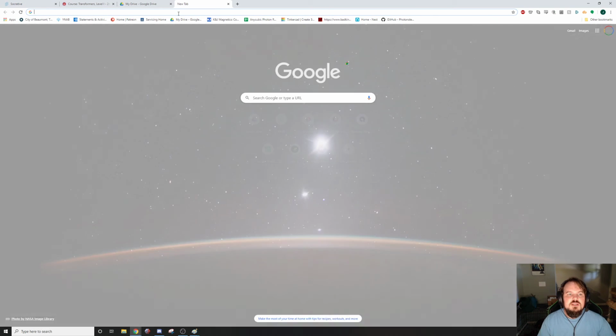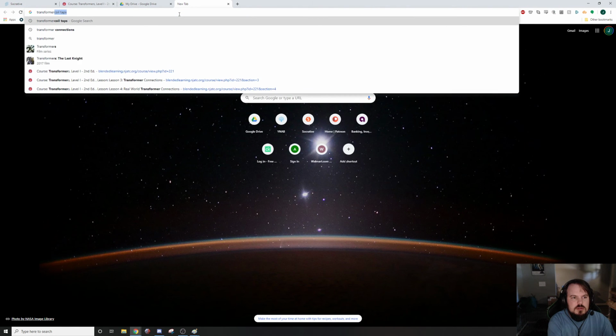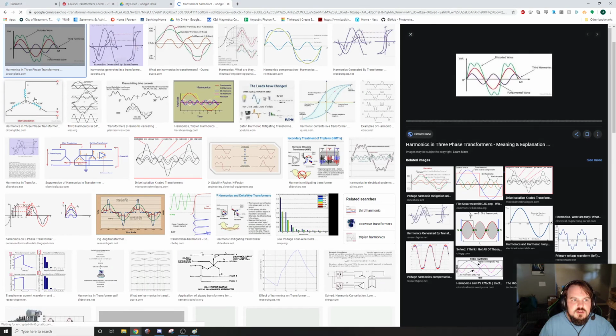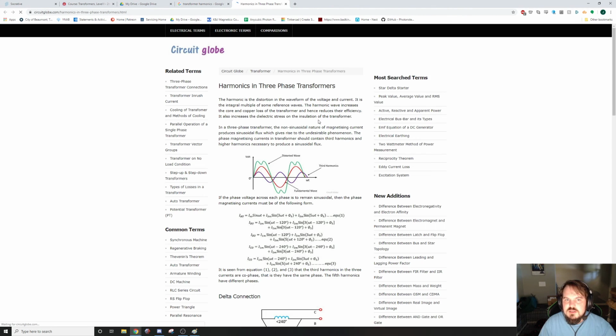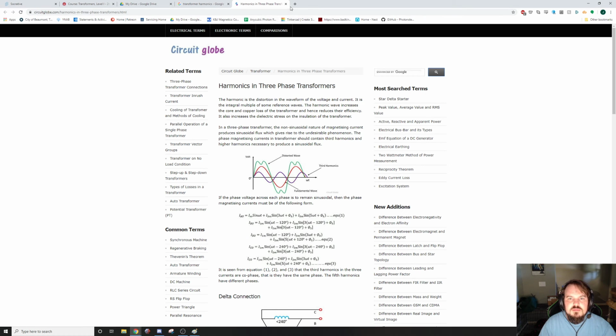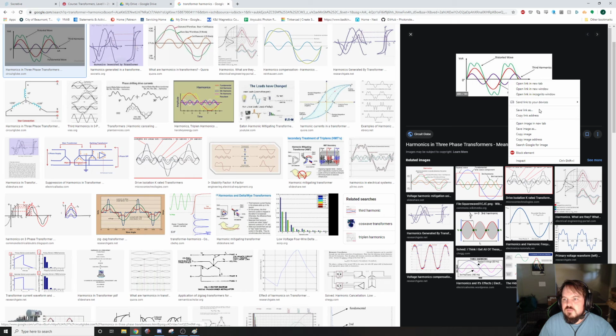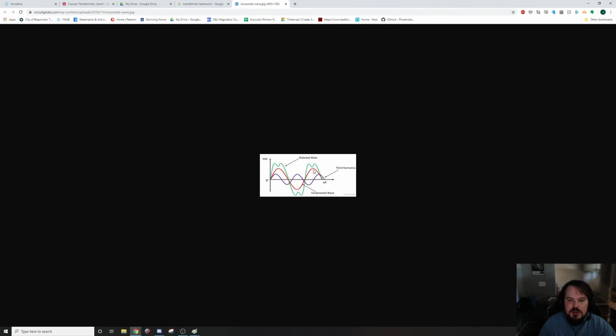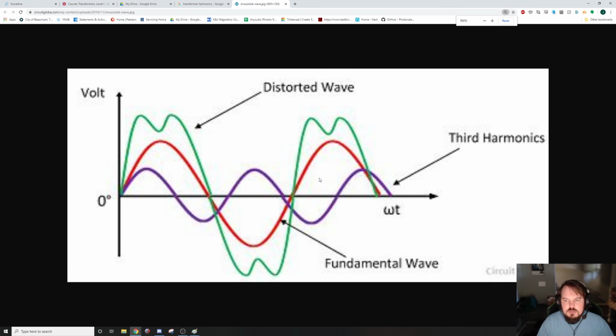Let's see. Just to show some pictures of harmonics. A pure sine wave is, let's open image in a new tab. Alright, so the red line is your normal wave.